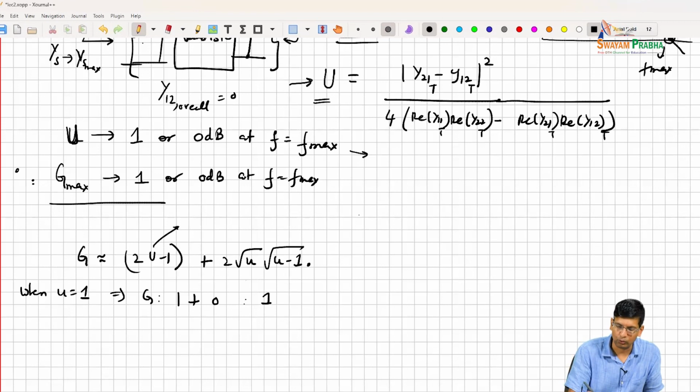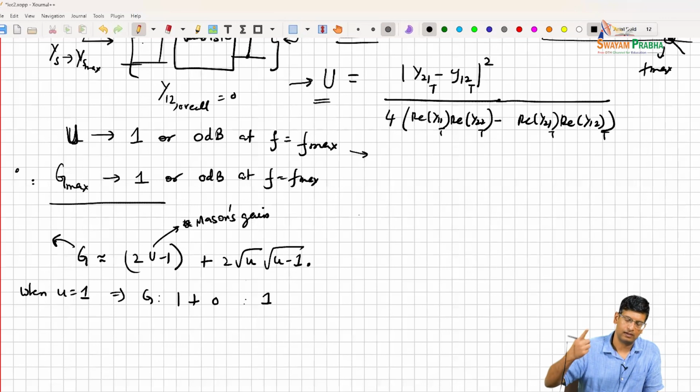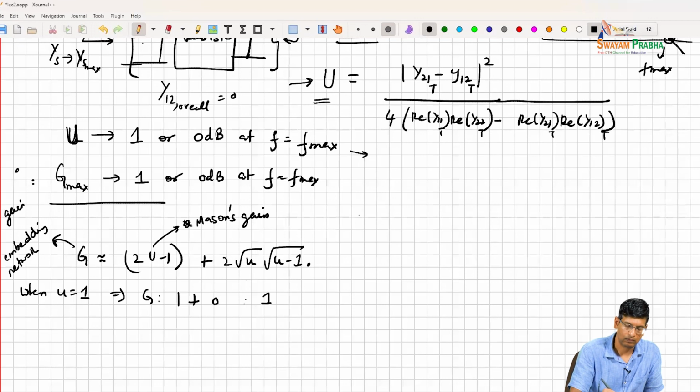Oh, so u here is the unilateral Mason's gain, right? And this is the gain that you can get if you put the feedback network around it, the embedding network around it. No, this is the best gain, Mason's gain with embedding network.